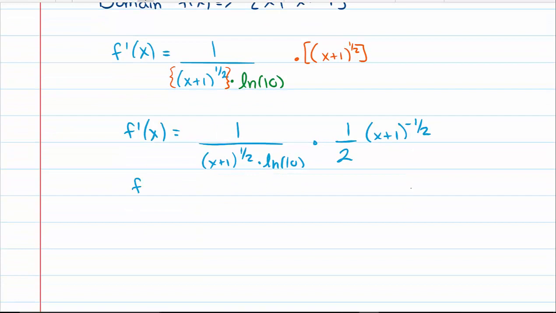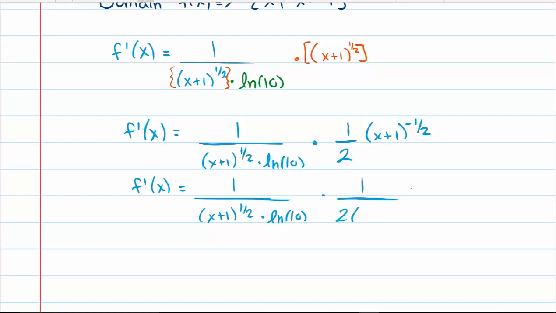So now I'm going to simplify this a little bit. I'm going to get 1 divided by x plus 1 to the 1/2 times ln of 10 times 1 over 2 x plus 1 to the 1/2. So notice that everything is being multiplied, and we have both of these with the same base.